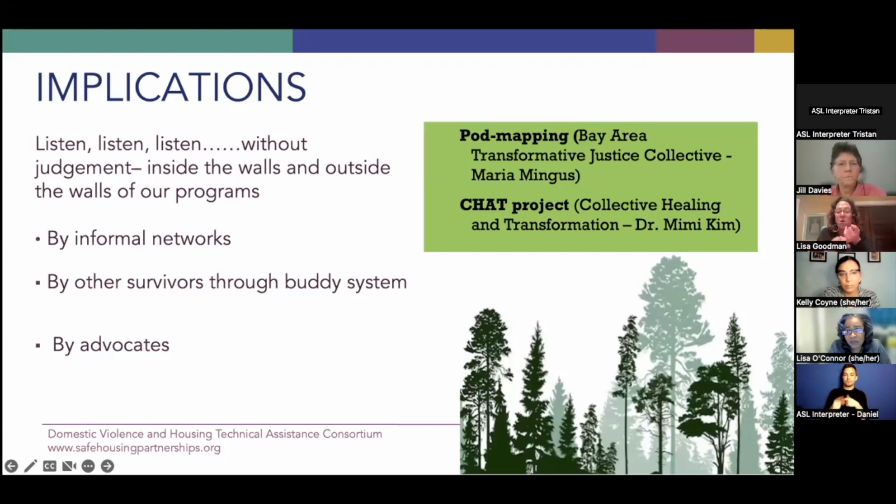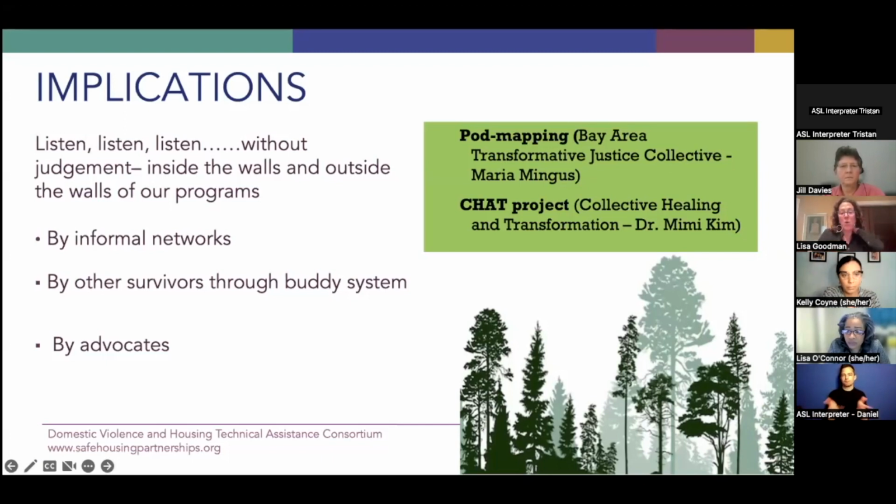This could come in the form of workshops or groups for network members, or opportunities for dialogue between survivors and their network members, like mother and daughter pairs or survivor plus other network member pairs, and sort of coaching sessions.